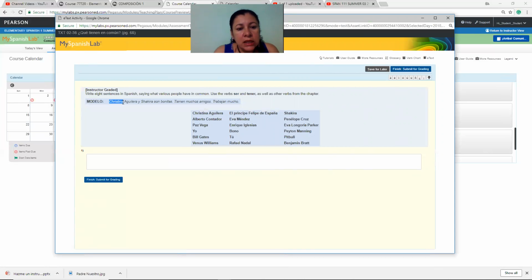Cristina Aguilar y Shakira son bonitas, tienen muchos amigos, trabajan mucho. So you're gonna go beyond your limits and combine ideas. You're not only gonna use tener, you're gonna use also ser. So you see it here, son bonitas, inherited qualities. And you're gonna also use verbs from the chapter, so AR, ER, and IR.